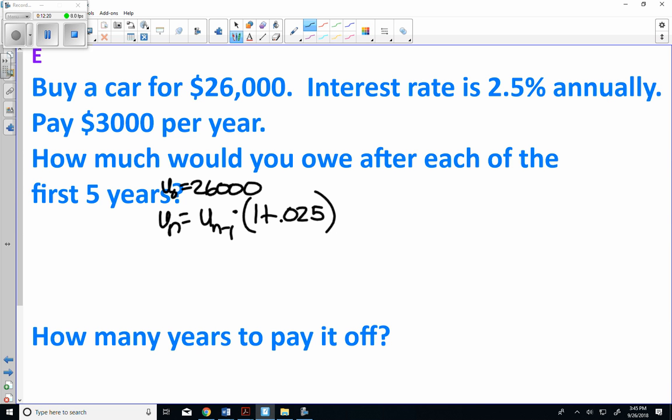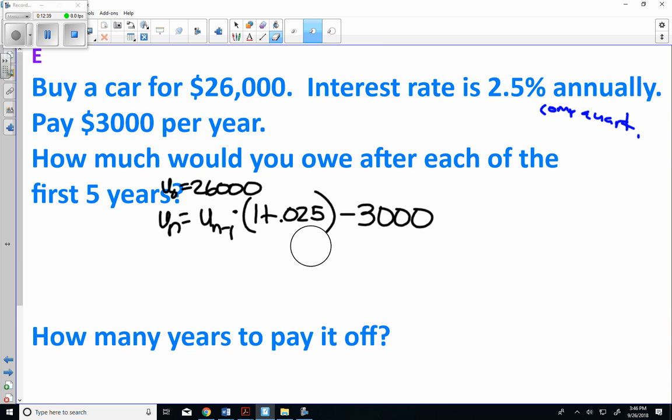Since it is annually, we don't have to divide the 0.025 by anything, and then we pay off $3,000. Now, if this said it was compounded quarterly, remember then you would divide this by 4. But we're not doing that in this case, so we don't have to worry about it.